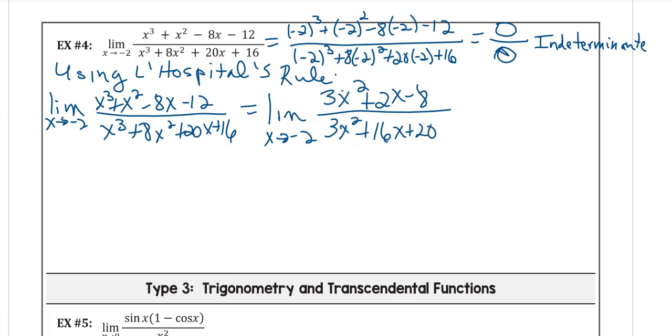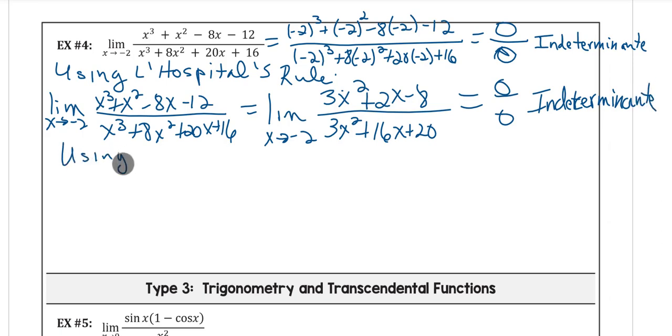And now when we substitute again, we're going to get 0 over 0, which is indeterminate. And applying L'Hopital's rule again. And like I said, you can just keep going with this. Or you can reason your way through this, and we're going to do that later.